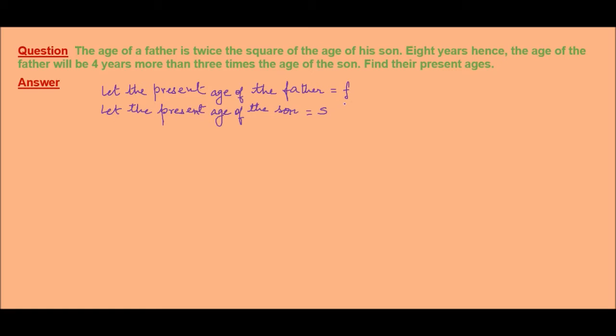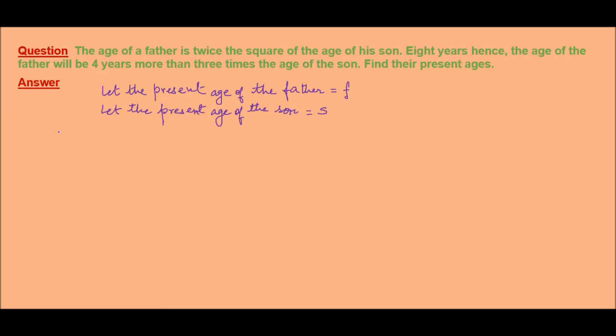Now, coming to the framing of the equations. The first sentence says that the age of a father is twice the square of the age of his son. So, age of a father, that is the present age of the father, which is f.